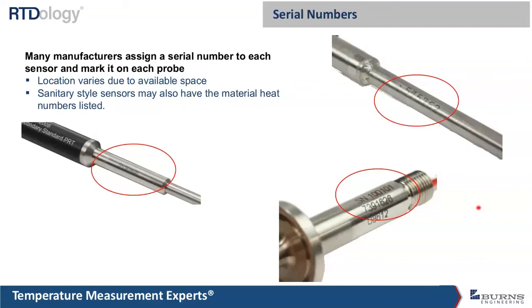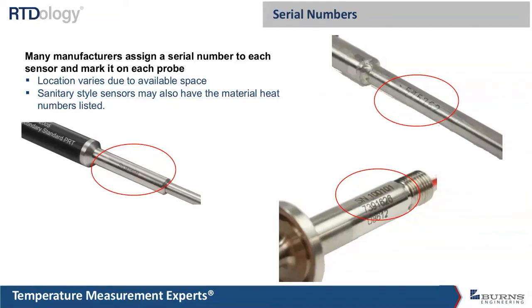There may be a bunch of other numbers on the probe. This happens to be a heat number right here for the materials of construction that were used, so that's these two numbers. And then they had an SN, which we can assume means serial number, and then a 6-digit number on here. Again, this one's down on the probe sheath.